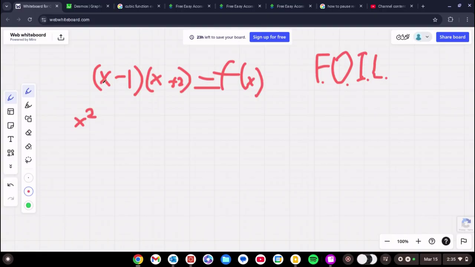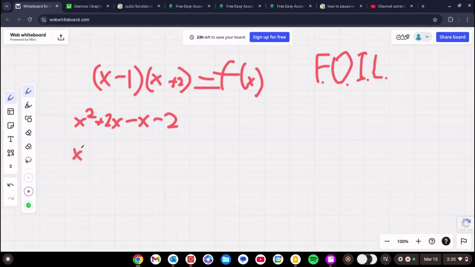Then outside, x times plus 2 gives plus 2x. Then inside, minus 1 times x gives minus x. And last terms, minus 1 times positive 2 is negative 2.